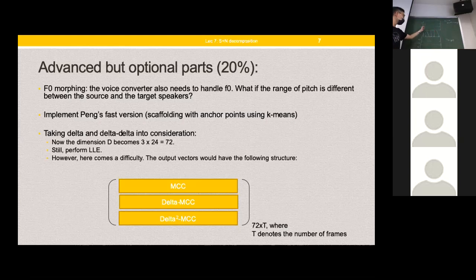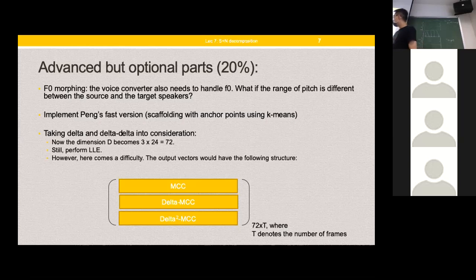Because when we also consider delta during the dynamic time warping as well as local linear transformation, then the result is also going to be a sequence of vectors which are 72-dimensional. So that's why I said there could be a problem. Now here's the problem.